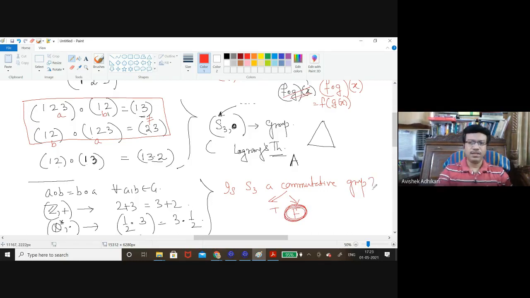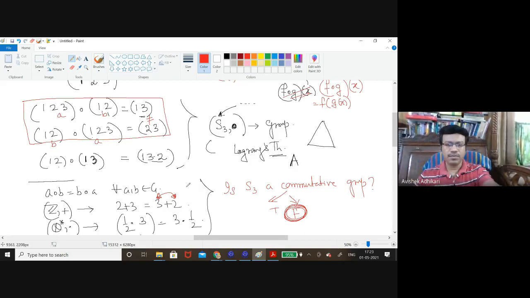Okay. So now you understand the concept of a commutative group. If you are within a commutative group range, then you can freely interchange and switch the operations. So that is very important. That's why we need this kind of concept for group theory.